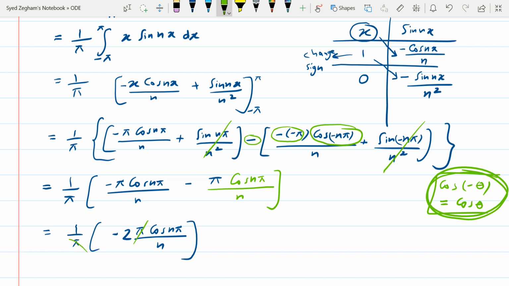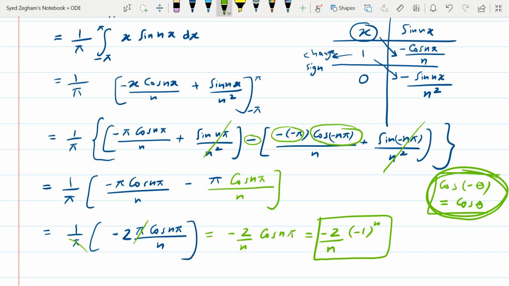So finally we are left with minus 2 by n cosine n pi. And if you remember the formula, cosine n pi is equal to minus 1 to the power n.